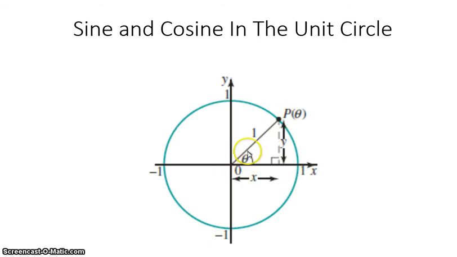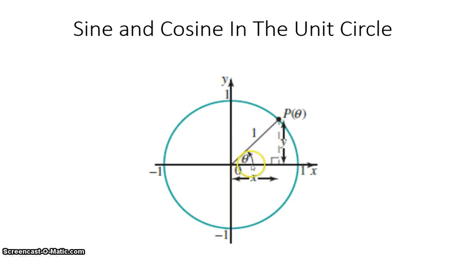We know that the ratio for sine of any angle in the right angled triangle is the opposite side divided by the hypotenuse. This means that for this angle here, I know that sine of this angle is equal to this vertical distance divided by 1.